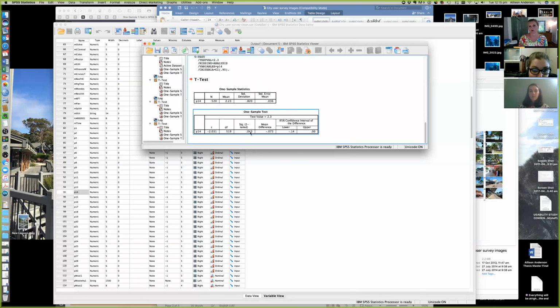See, 0.043. That p-value is still lower than 0.05, so my hypothesis still needs to be rejected because it's still not statistically close enough. That value needs to be over 0.05 for me to accept it.